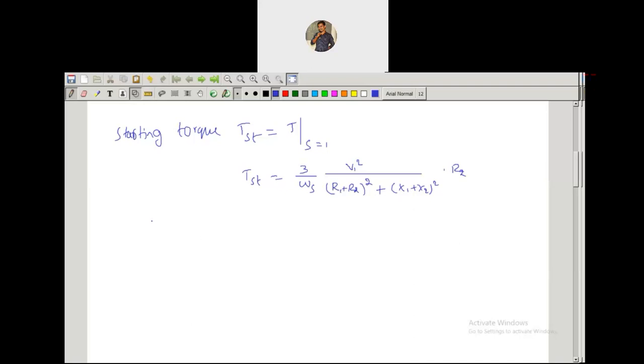Let me write down that point here: as R1 plus R2 is much less than X1 plus X2, I'm going for the approximation equation. Also we know the synchronous speed ωs is 2ω1 by P. So what is ω1 here? This is the stator frequency.